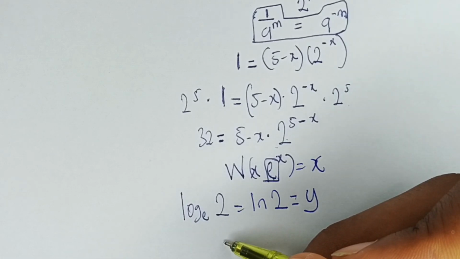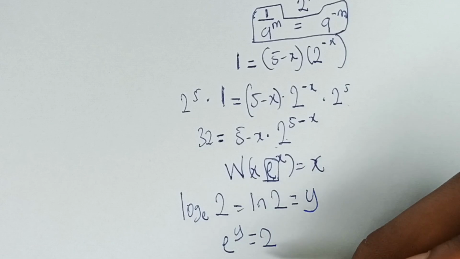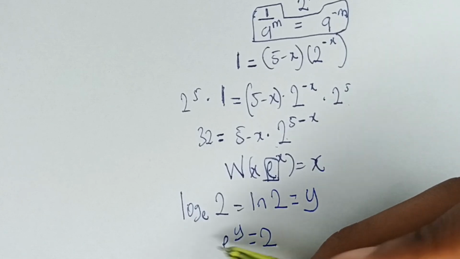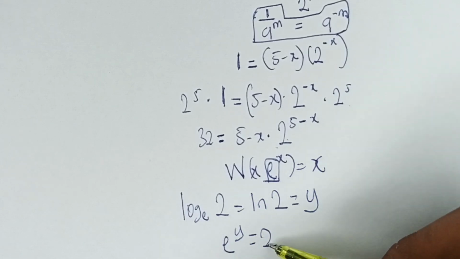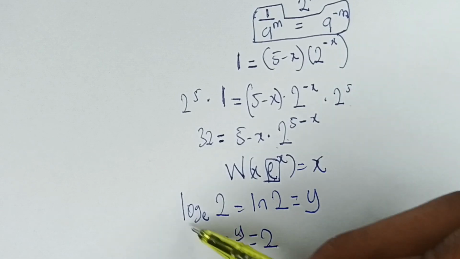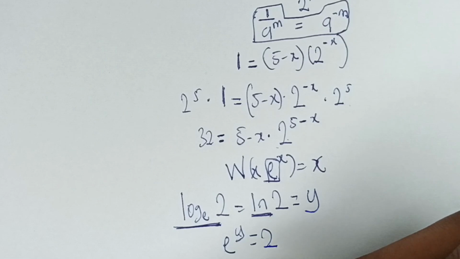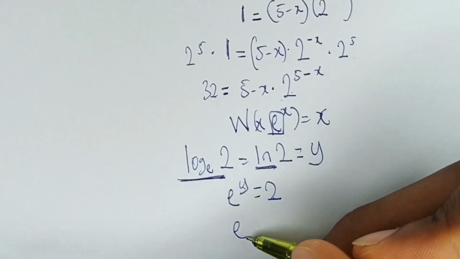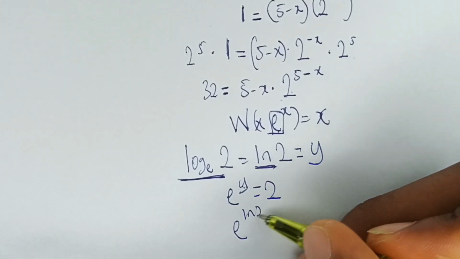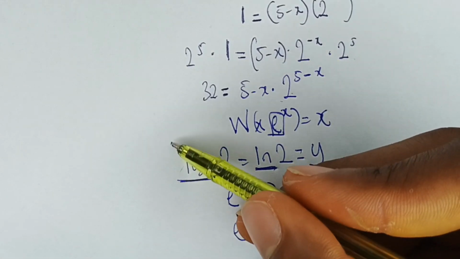It invariably means that e raised to power y is equal to 2. Now if e raised to power y is equal to 2, what was our y? Our y is ln of 2. So it means that e raised to power ln of 2 is equal to 2. Does that make sense?